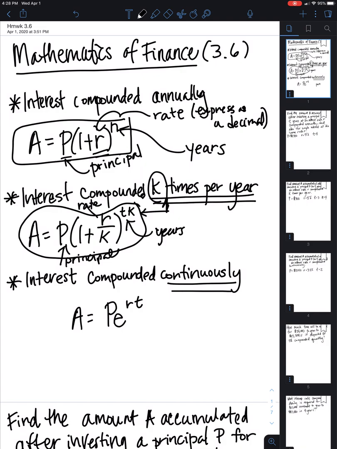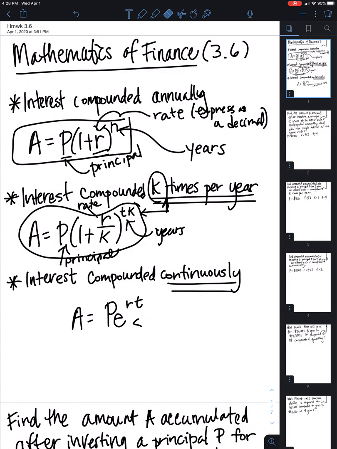But these are exponents. In finance, everyone's going to know what the letter E is. If you're studying business, this is maybe your introduction to the letter E, or a natural log. But there it is. It shows up in the business world.